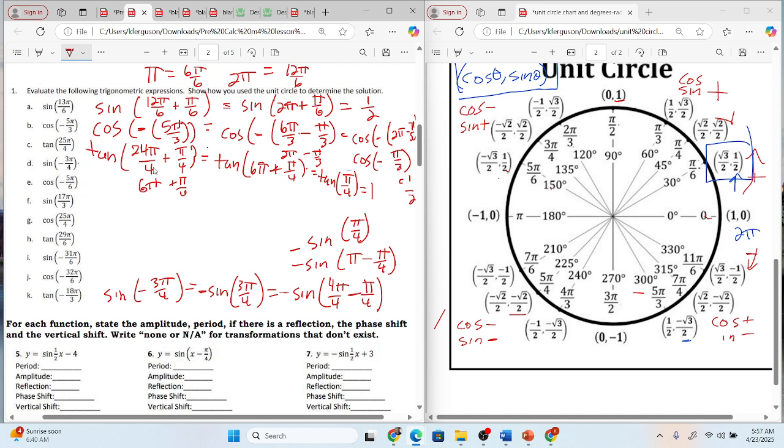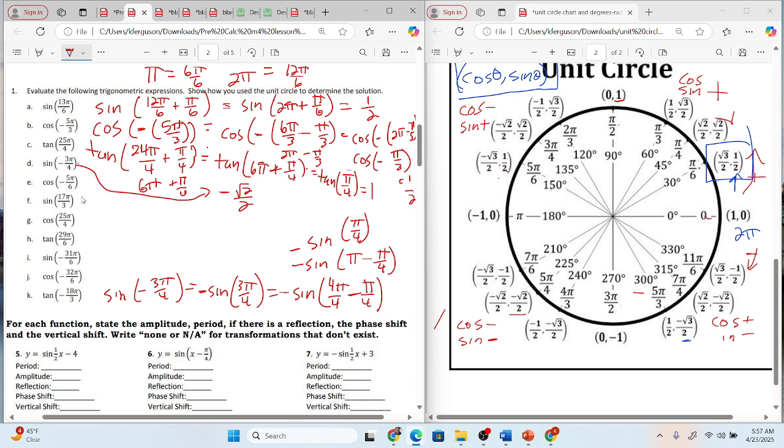So this right here is going to be negative square root of 2 over 2. Whew, and I'm tired.